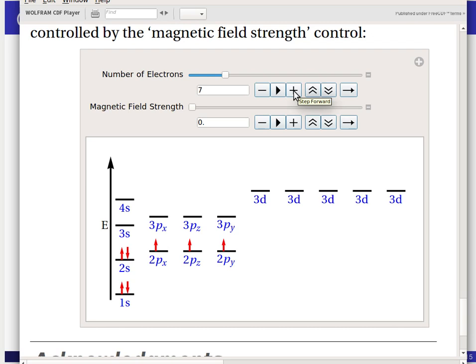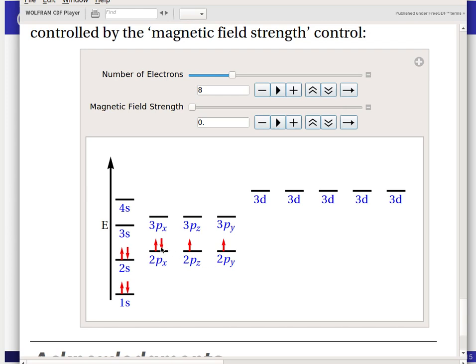So we can build up in that way, all the way up to nitrogen, but once we form nitrogen, we've populated all of these degenerate 2p orbitals, and so our 8th electron, corresponding to the number of electrons in an oxygen atom, is then going to have to pair up with one of the existing electrons in a p orbital.